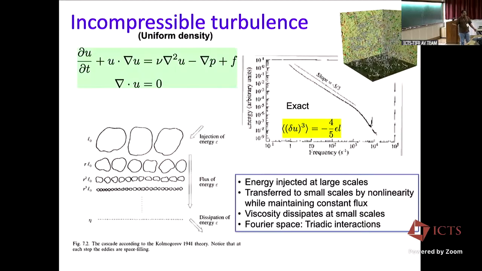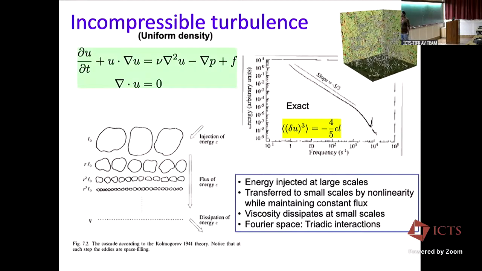And you can also then derive the exact result, which is that the third order correlator, or third order structure function, would go as -4/5 epsilon L, where L is the separation between 2 points which you use to measure the velocity. So if you like, delta L of U is nothing but U of x plus R minus U of x.